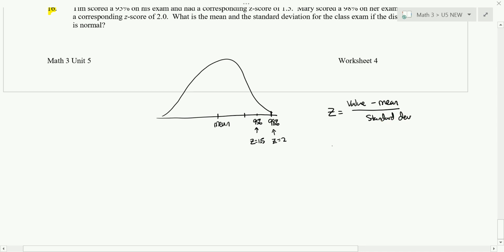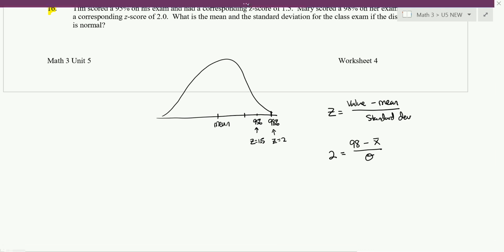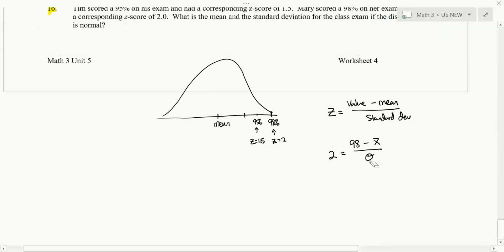And so I'm going to set up 2 equations. First one, 2 is our z-score, 98 is the value. I'll let x bar represent our mean, and I'll let y represent our standard deviation, since lowercase sigma looks too much like a 0.